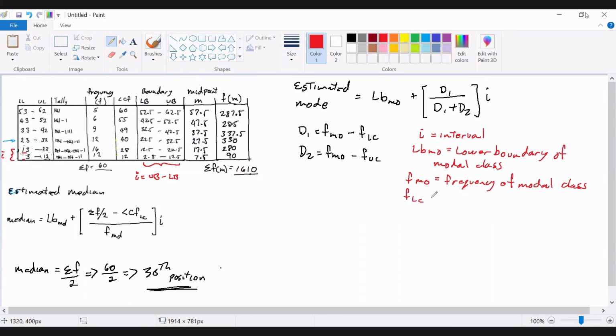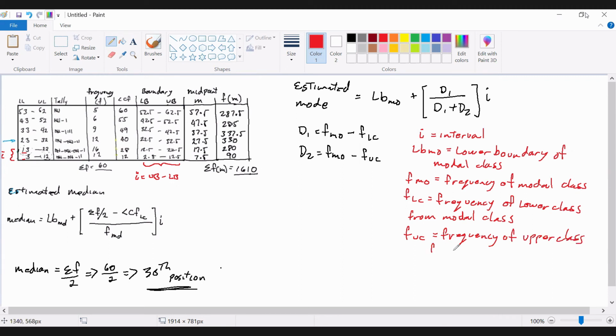F of LC is frequency of lower class from modal class. And F of UC is now frequency of upper class from modal class.